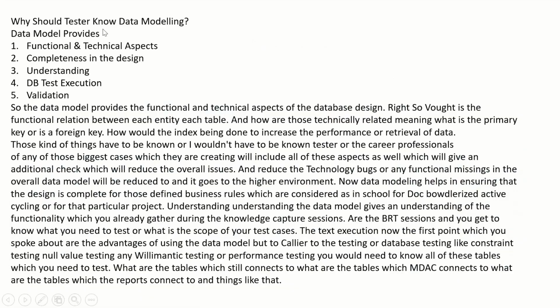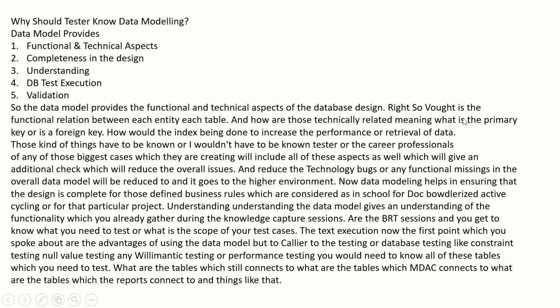So why should a tester know data modeling? Data modeling provides functional and technical aspects, completeness in the design, understanding, DB test execution, and validation. The data model provides the functional and technical aspects of the database design.